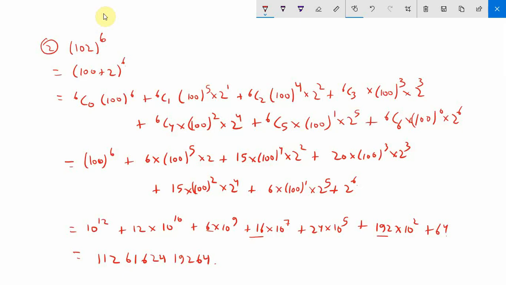Next, we will see how to calculate the general term of a binomial expansion. So let's clean this. We will calculate the general term in binomial expansion.